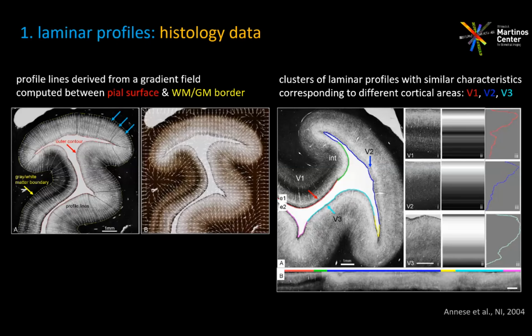This is a flat version of it. This is just a nice example showing how you can use profiles as a tool to visualize the myeloarchitecture differences between different regions and how you can use them to distinguish between these regions.